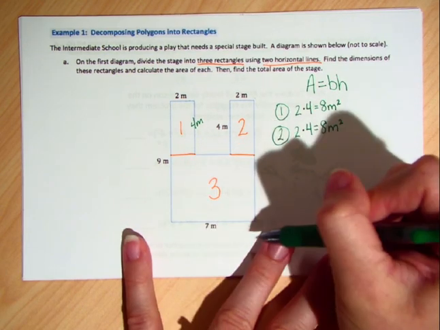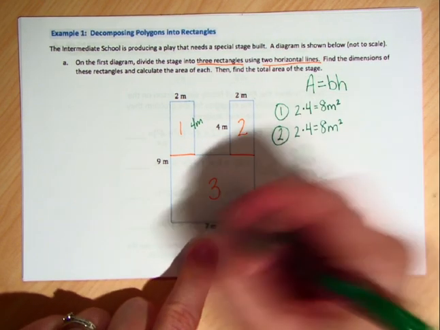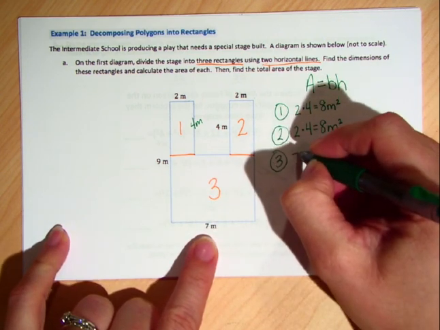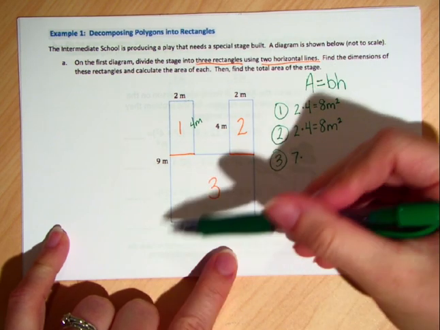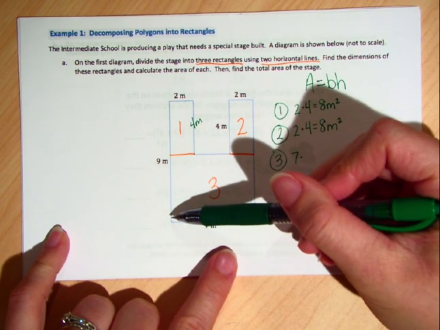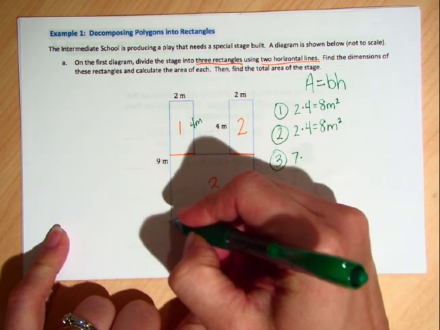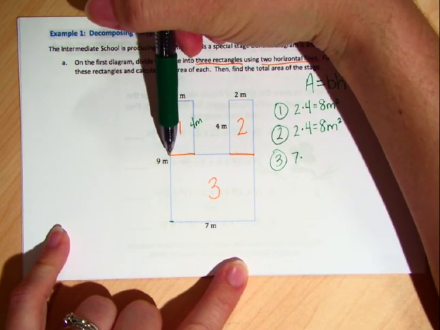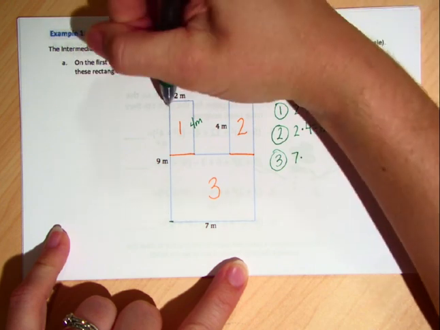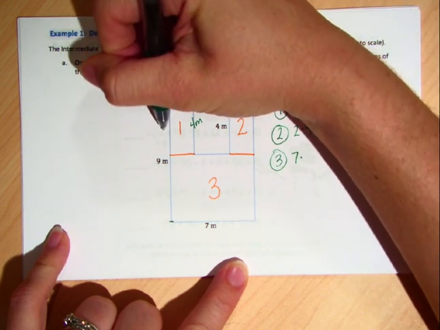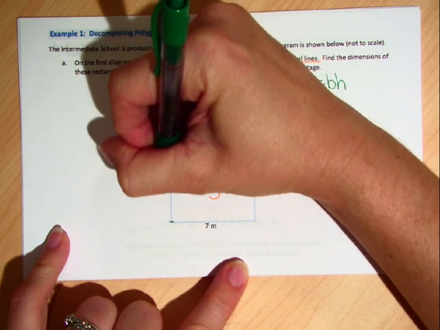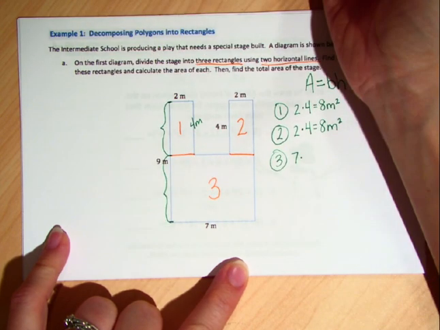For 3, I have a base of 7 for the third rectangle. I have a base of 7 times a height of, well, I can't do 9 because 9 is from all the way down here to all the way up here, and we're only going up to here. So we need to figure out how far this is, and this will give us what's left out of 9.